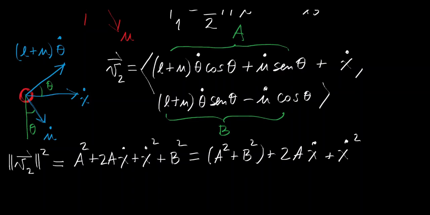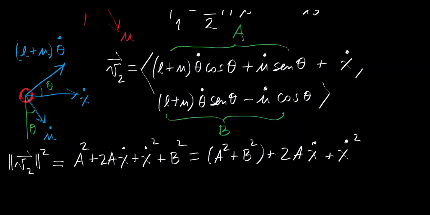If we look at the expressions for A and B, we will note that when we square these two binomials, the term (L plus u) squared times theta dot squared times cosine squared will be simplified using the Pythagorean trigonometric identity. You know, cosine squared plus sine squared is equal to 1.